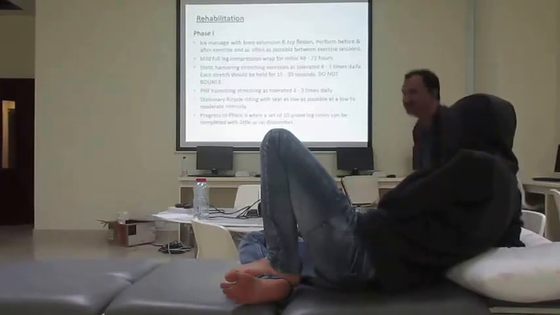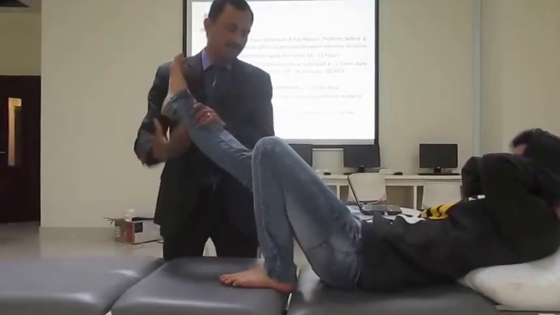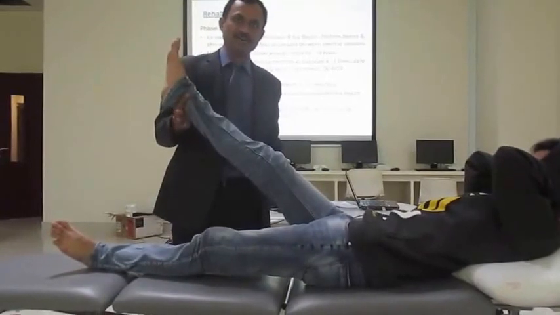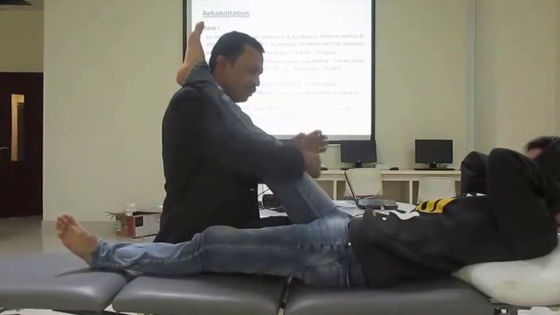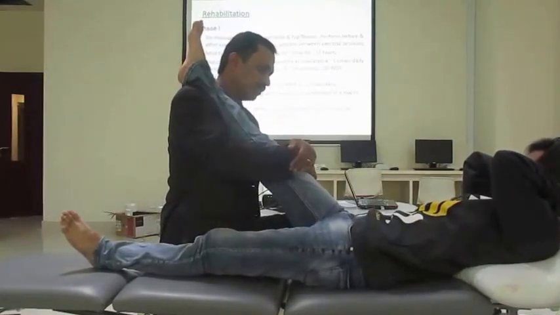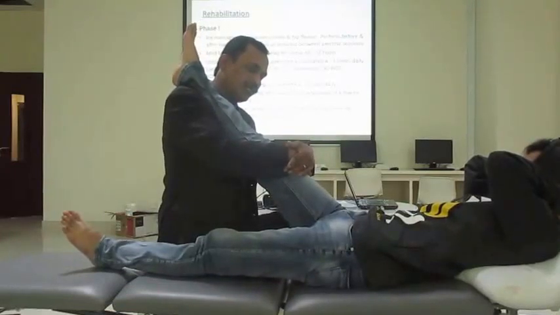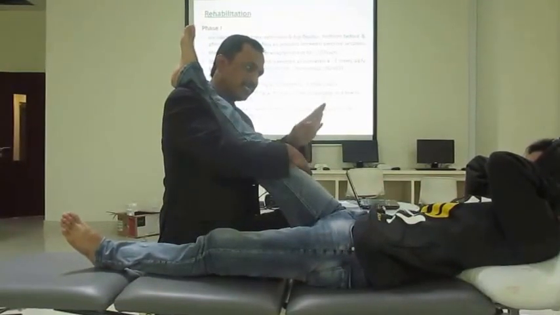For the hamstring, PNF stretching is like this. For example, when the hamstring is tight and cannot be lifted further, in this position, patient, now please press my shoulder, press until I tell you. 1, 2, 3, 4, 5, 6, 7, 8, 9, 10, relax.